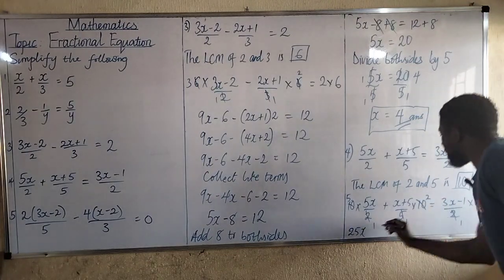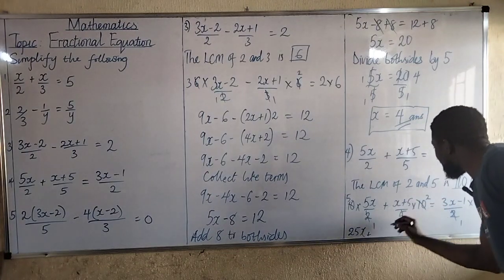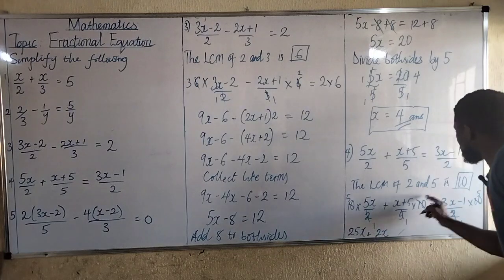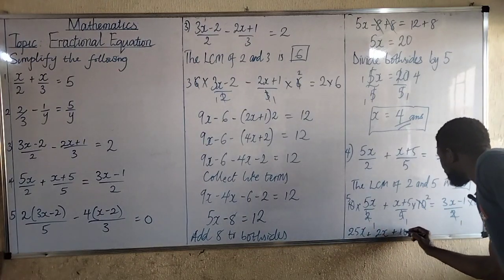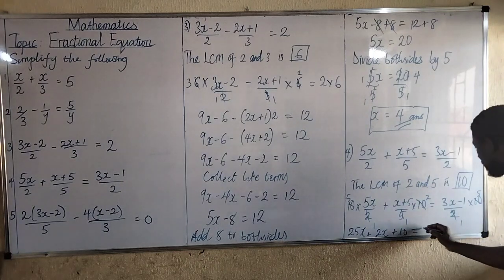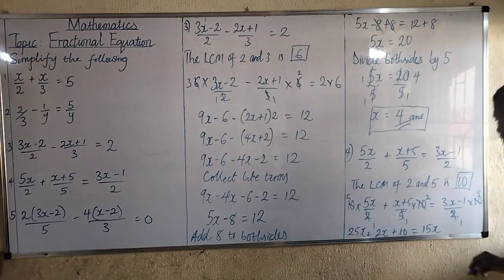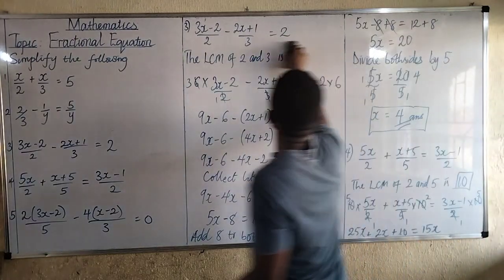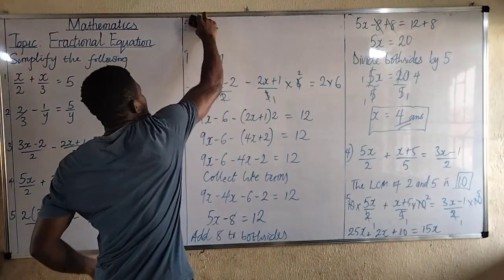Plus 2 times x is 2x. 2 times 5 is what? Plus 10, equal to 3x times 5, which gives me 15x. Having reached here, I will erase this part of the board to complete that task.